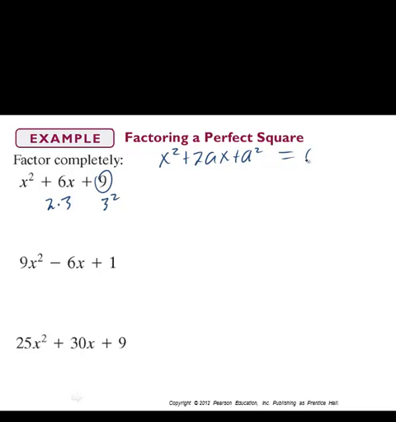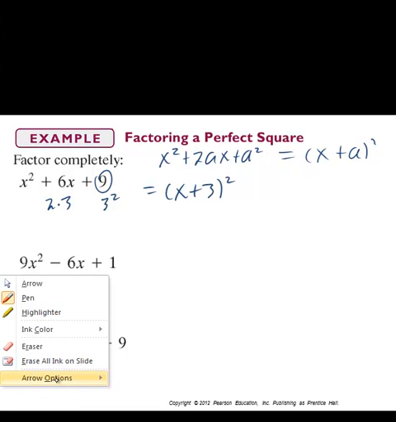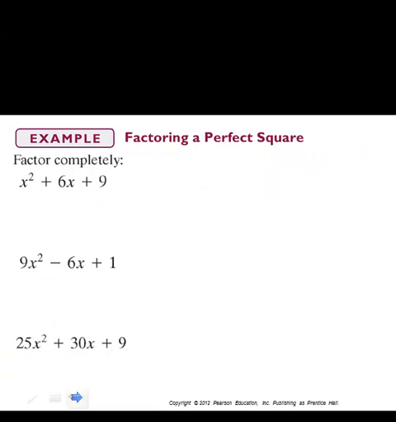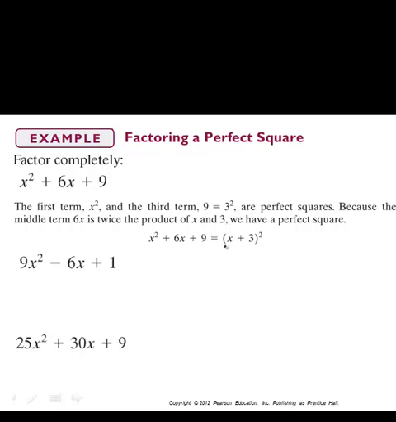Well, then that factors as the x plus a squared. So in this case, we'll have your x plus 3 squared. Okay? So we have this factorization of x plus 3 squared.